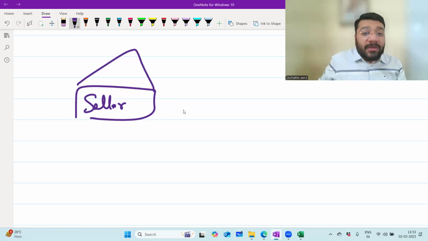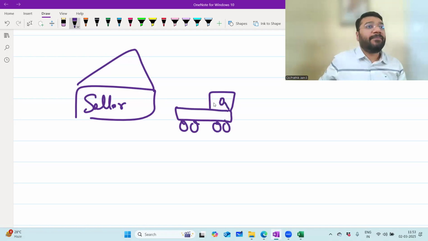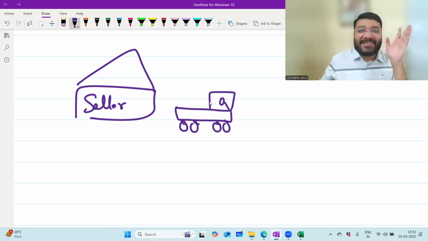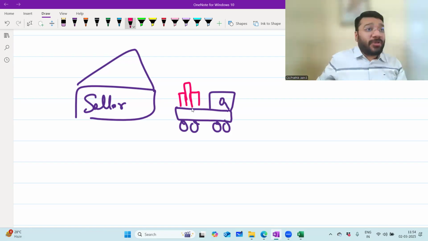But the moment I put the goods on the lorry. What is this? Lorry. What a good artist I am. You're able to understand what I've drawn. Very good. So now the moment I load the stocks in the lorry, if anything wrong or damage happens to the product, I will not be responsible. Who will say this? The seller will say.